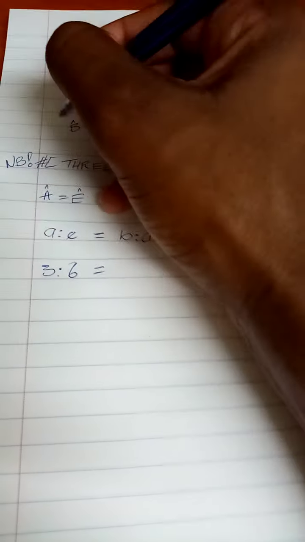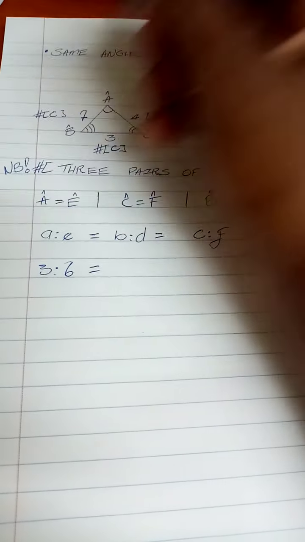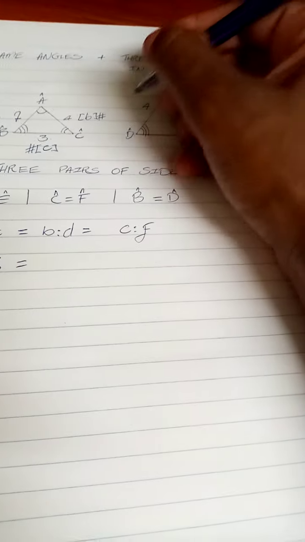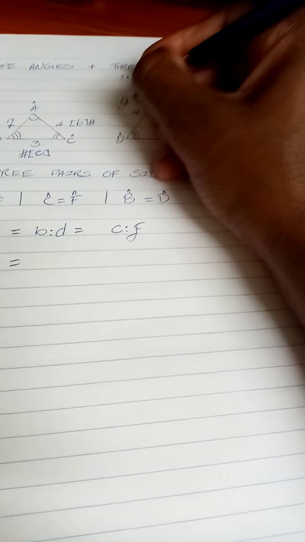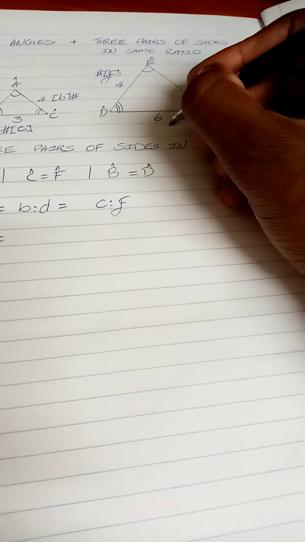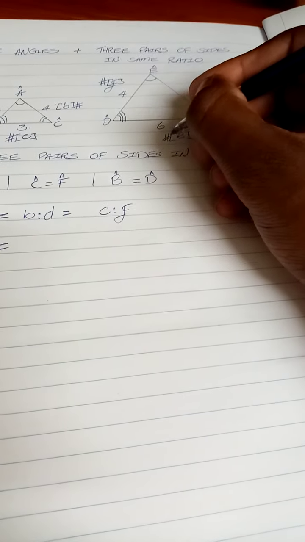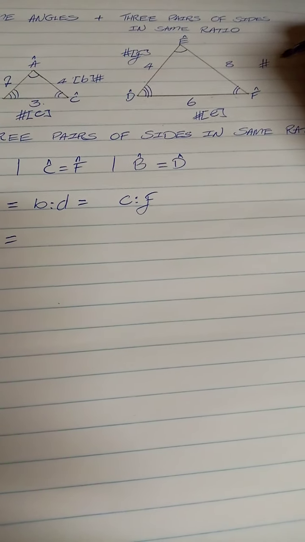And then this is C. Hope this is not that confusing. And then right here, this is F. This one at the opposite side is E. And this side right here is D.